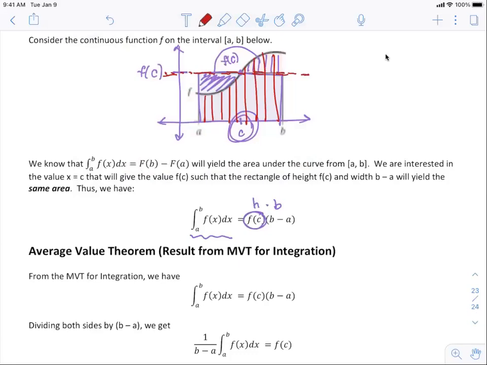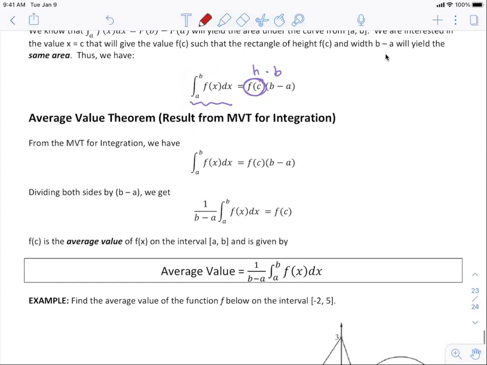What's the average value of the function on that interval? Hopefully you can see that to do that, we would just need to divide by b minus a on both sides. And that's how we get 1 over b minus a times the integral from a to b of f of x dx is equal to f of c. f of c is the average value of that function, okay?